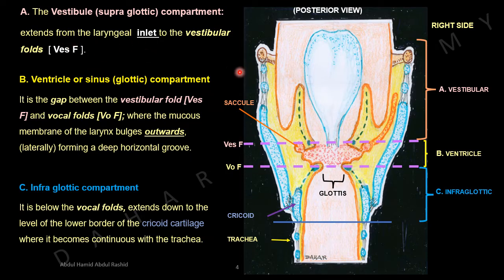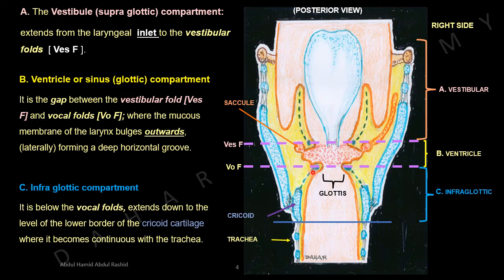The first compartment, or the uppermost one, is the vestibule, also called the supraglottic compartment. It extends from the laryngeal inlet down to the vestibular folds. The second compartment is B, that is the ventricle or sinus, also called the glottic compartment.